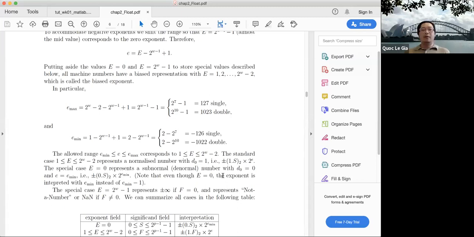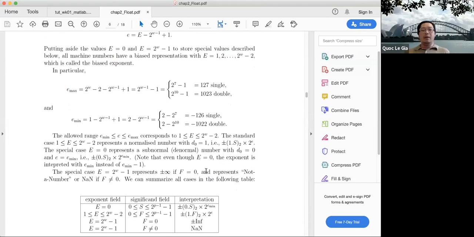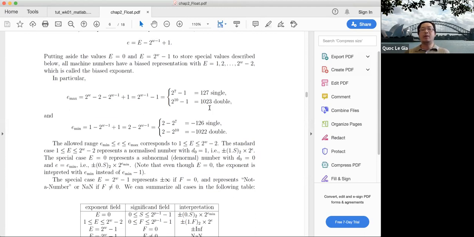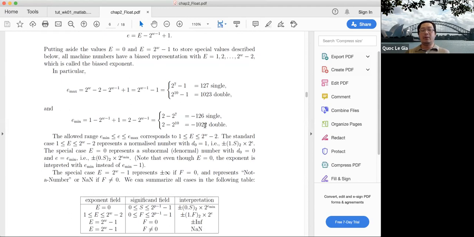If you look at my lecture note, you see that in the exponent field, you use only 2046 values, but remember, you have 2048 values.